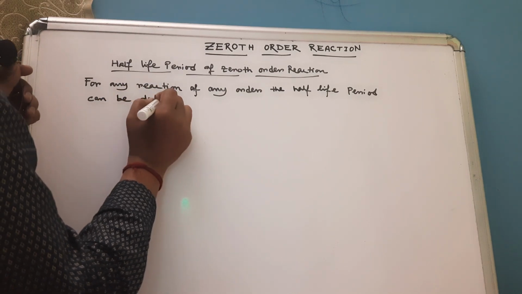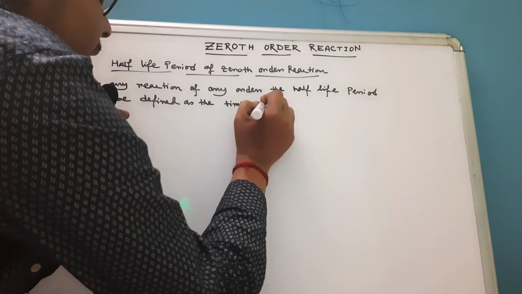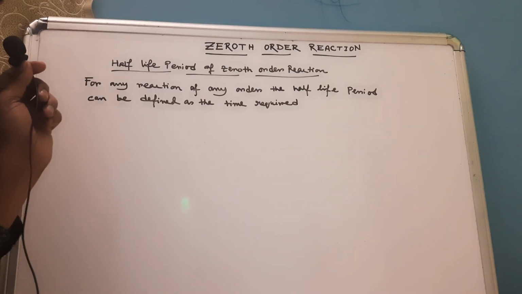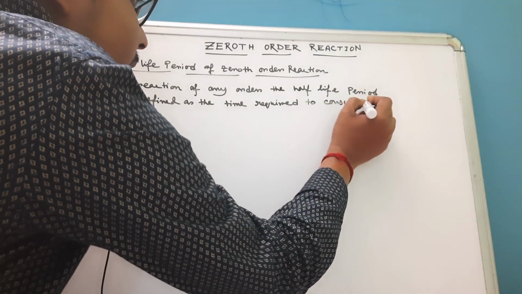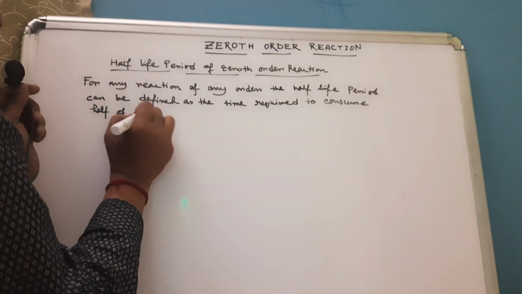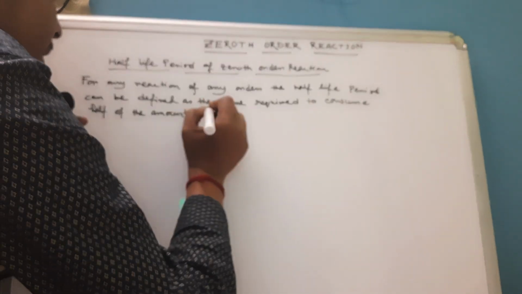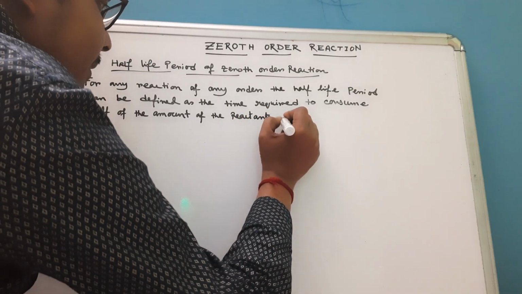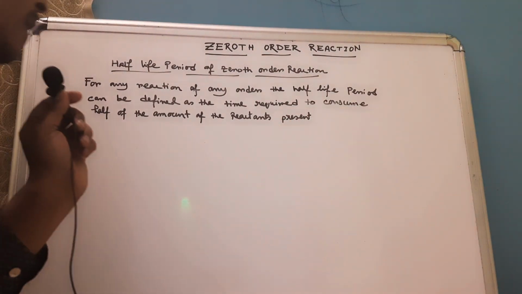as the time required to consume half of the amount of the reactant present initially.